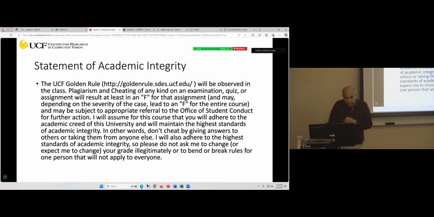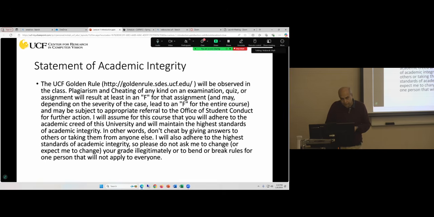Plagiarism and cheating of any kind on an examination, quiz, or assignment will result in at least an F for the assignment or maybe for the whole course, and we may refer you to the Office of Student Conduct for further action. I'll assume for this course that you will adhere to the academic creed of UCF and maintain the highest standards of academic integrity.